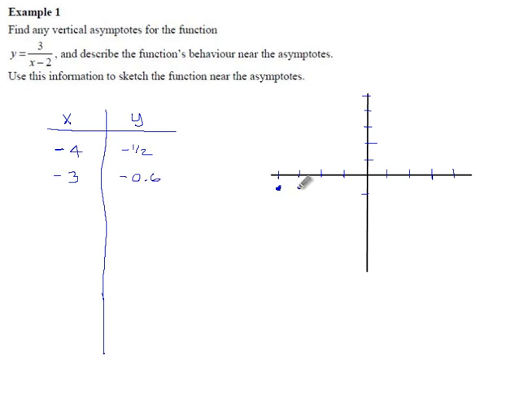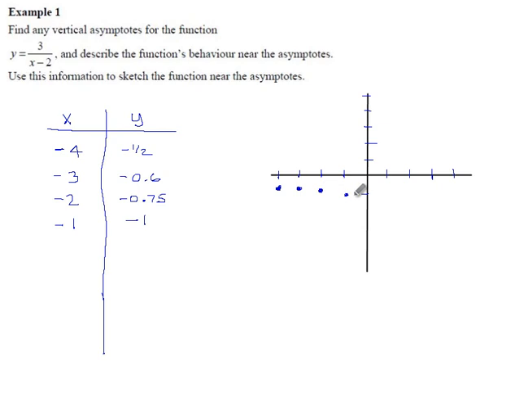So a little more negative, but you can barely tell the difference. Negative 2, we get 3 over negative 4, which is negative 0.75. Again, not much change. If it's negative 1, we get 3 over negative 3, which is negative 1.